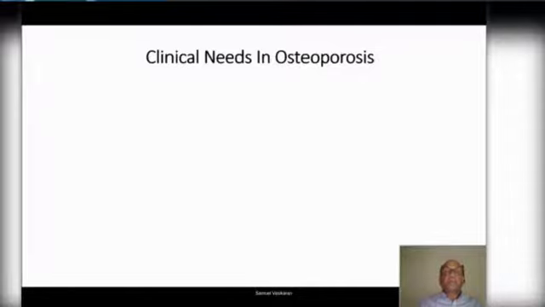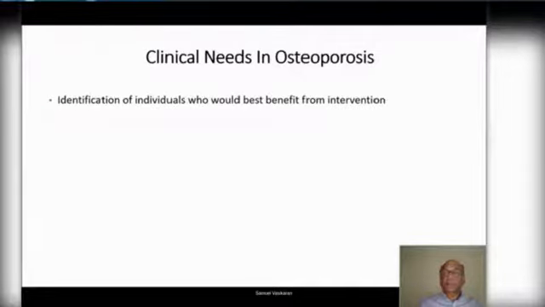Once osteoporosis is diagnosed, what we want to do is identify individuals who would benefit best from treatment. So these are patients with osteoporosis or even osteopenia, but high risk. For that, we use fracture risk algorithms. FRAX is the most widely used.